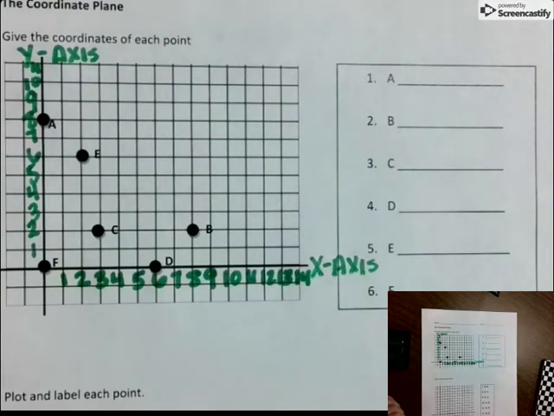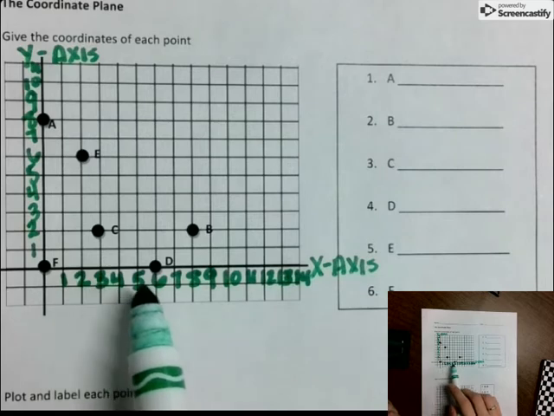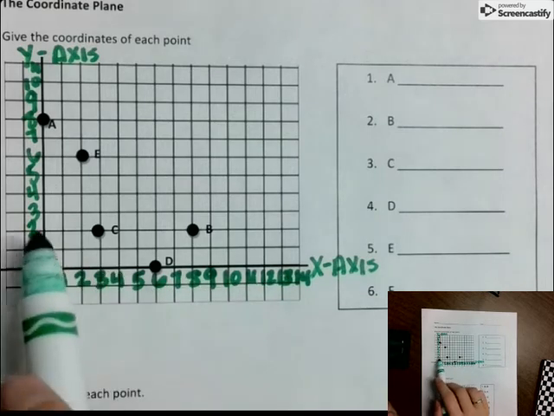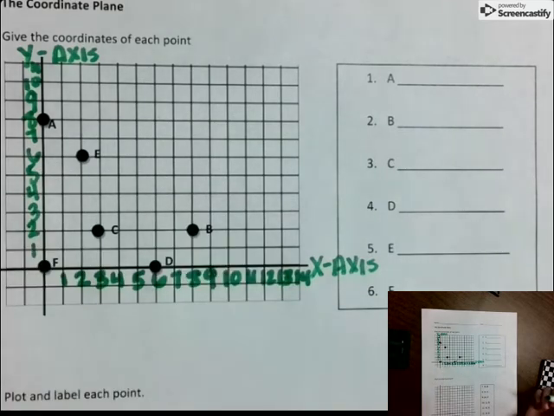I numbered on the lines. Make sure you numbered on the lines. And make sure you went by ones.